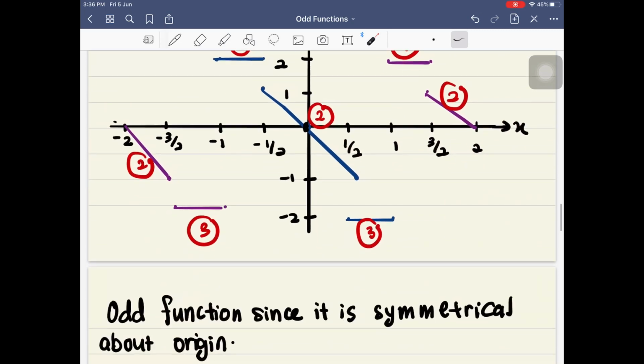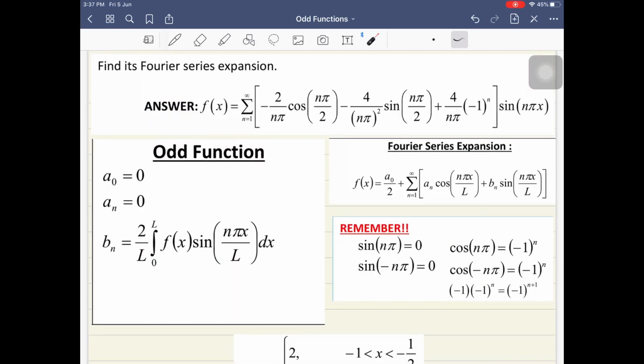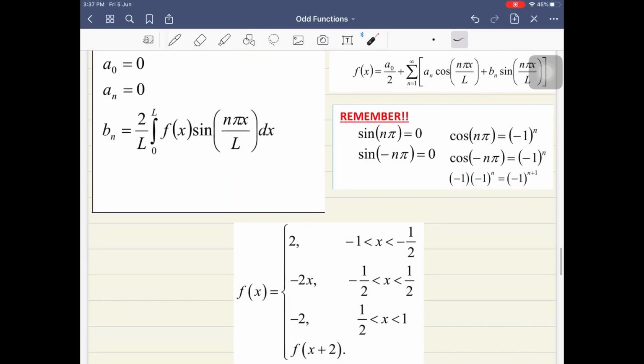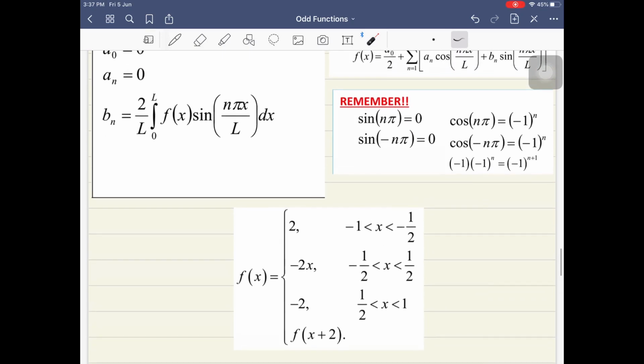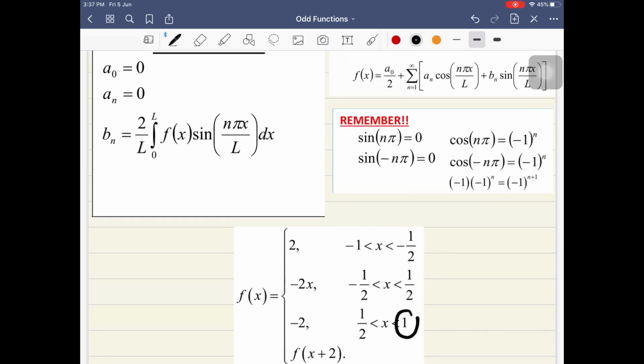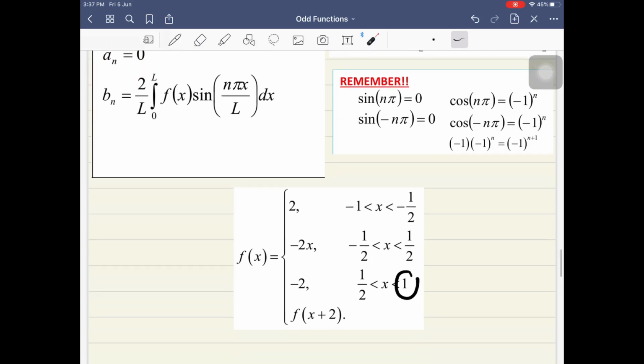Okay, so now we are going to find the Fourier series expansion for this function. So again, you need to identify what is your L. Okay, so as you can see here, your L is equals to 1. Okay, and since this is an odd function, clearly you know your A naught is equals to 0, your An is equals to 0.